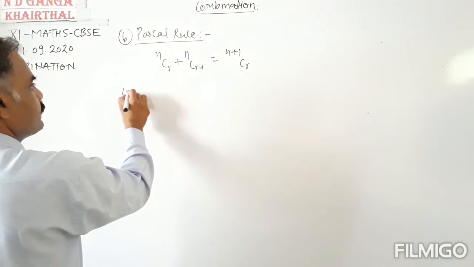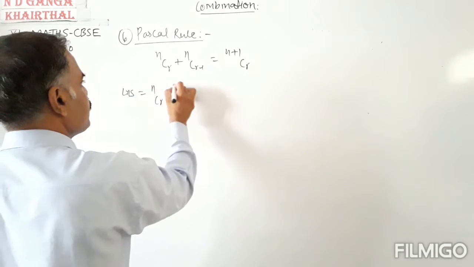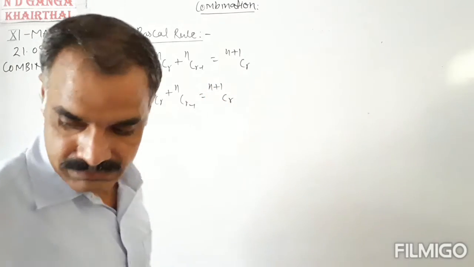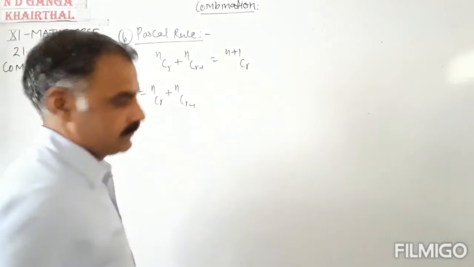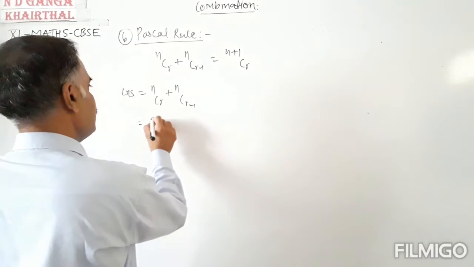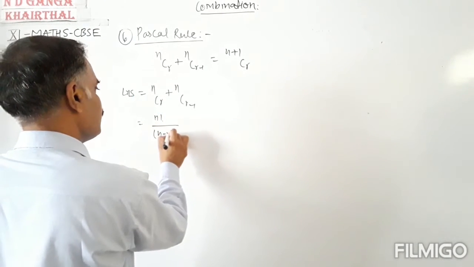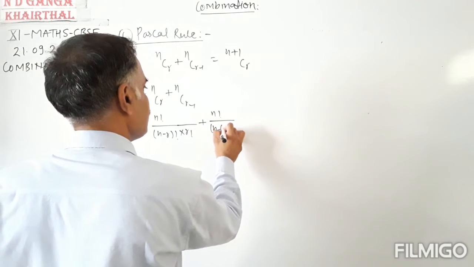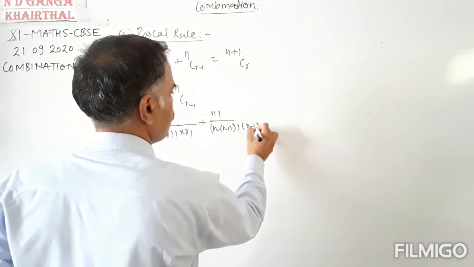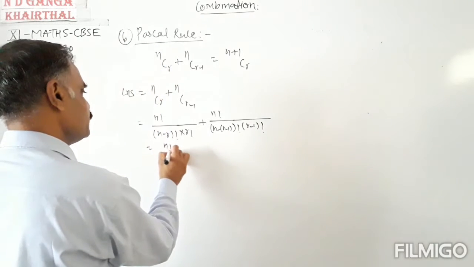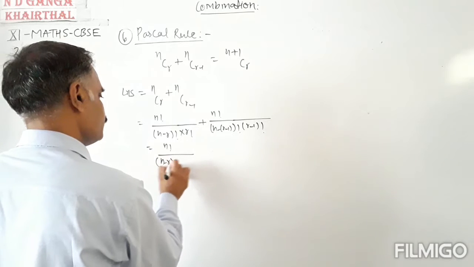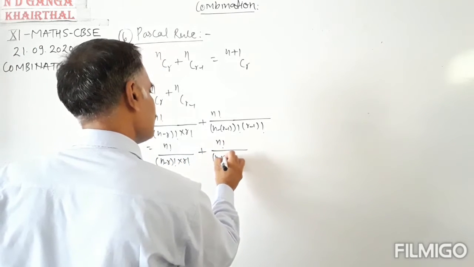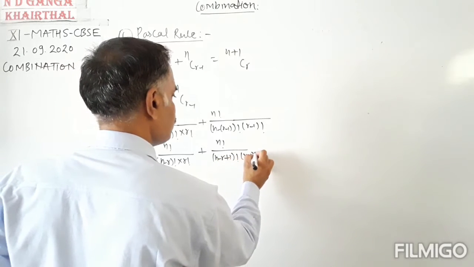Taking the left hand side, NCR plus NCR minus 1, and expanding, this equals factorial n upon n minus r factorial into r factorial plus n factorial upon n minus r plus 1 factorial into r minus 1 factorial.